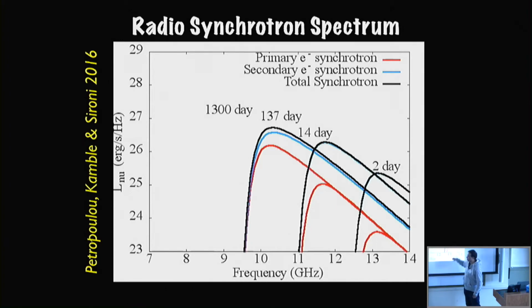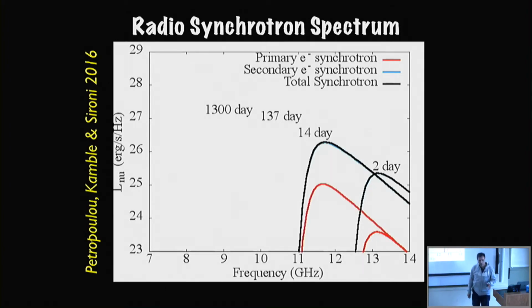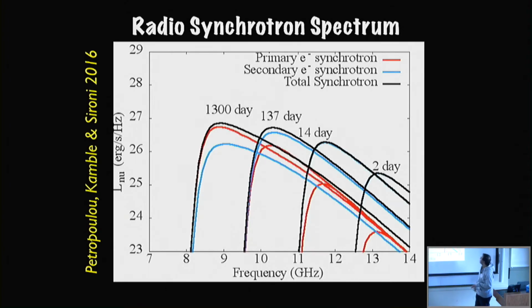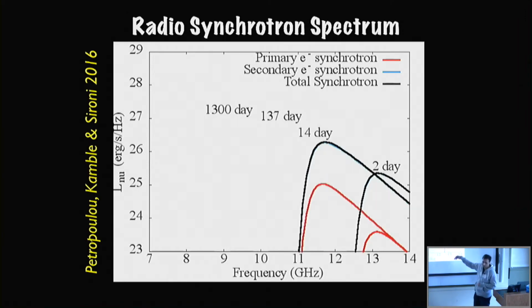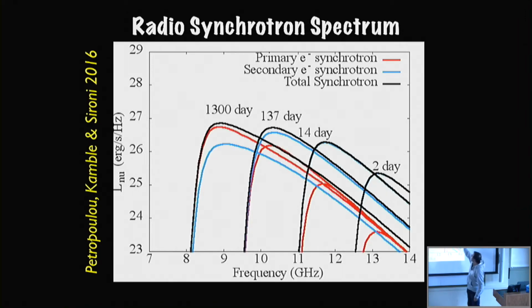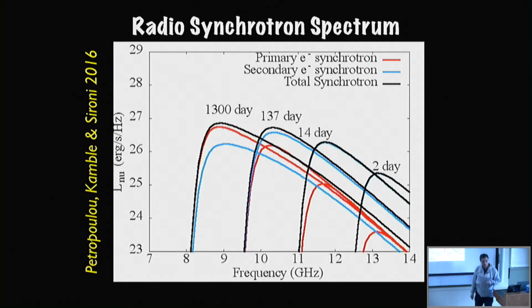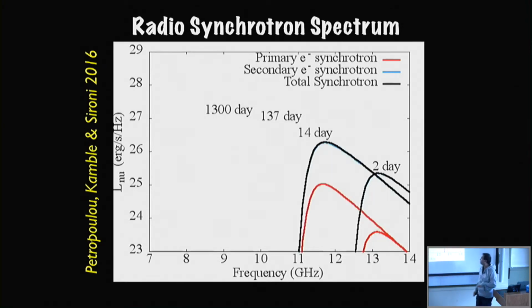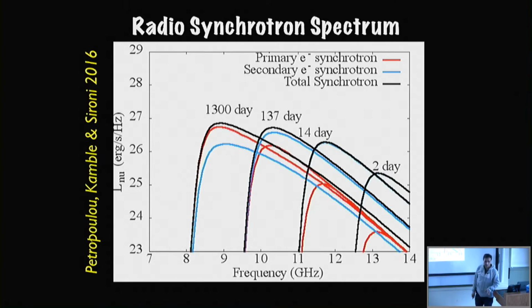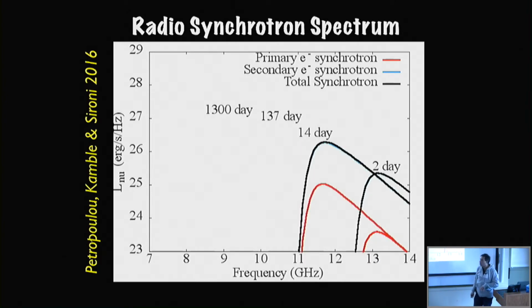The blue curve here is the spectrum from secondary electrons, and we evolved it over various time scales. As you can see, at very early times, 2 days to 2 weeks to a few hundred days, the blue curve dominates the red curve, which means the synchrotron emission from secondary electrons is much more dominant than the primary electrons.